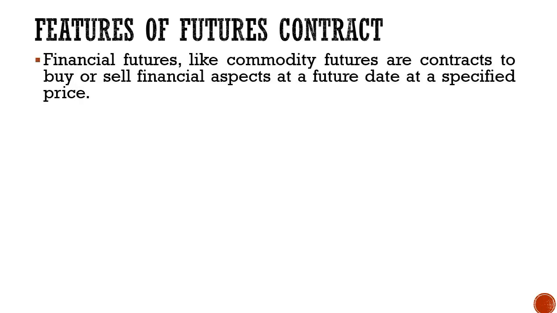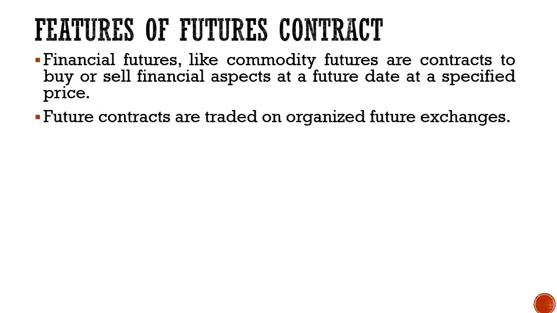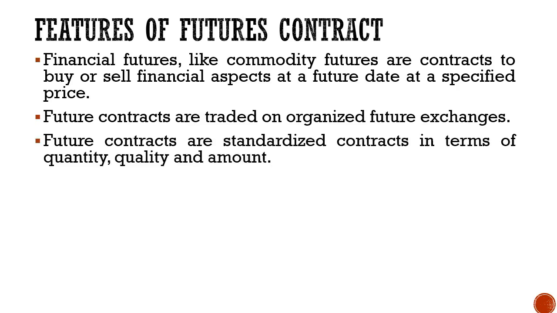Now let us learn what are the features of future contract. Number 1, financial futures like commodity futures are contracts to buy or sell a financial asset at a future date at a specified price. Now this you already learned as per the definition. Next, future contracts are traded on organized future exchanges, that is on stock exchanges.